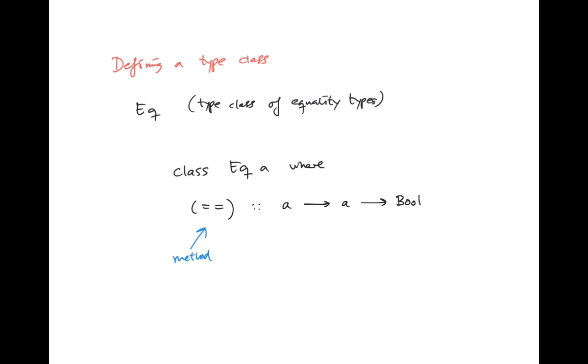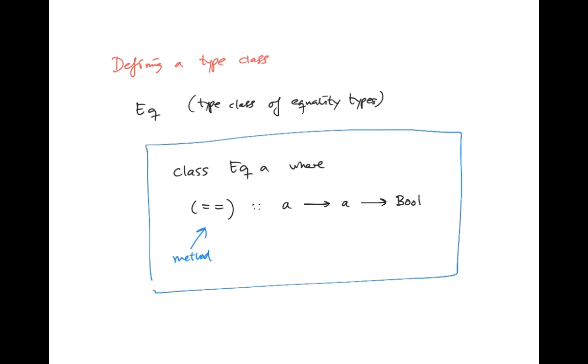So if we read this type class declaration, it says that we're defining a type class Eq, and we have an associated operation: if a is a member of Eq, then the method will have type a to a to Bool.